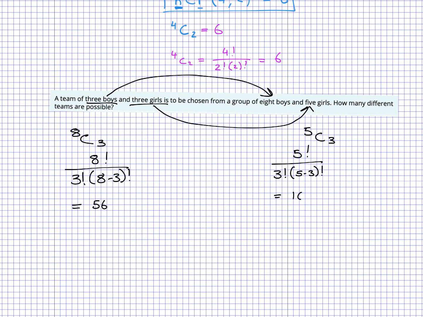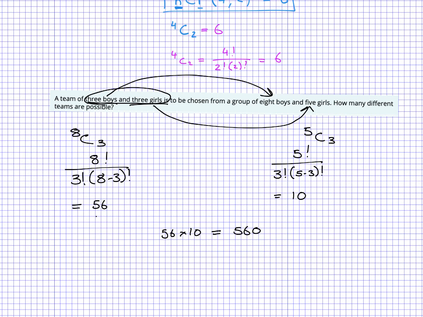For the girls, it was 10. Now, because I'm choosing a team that has a combination of the boys and the girls, what I need to do is multiply those two numbers together to get my total number of teams using both the boys and the girls. That's like a combination from a couple of lessons ago where we're looking at the multiplication rule.